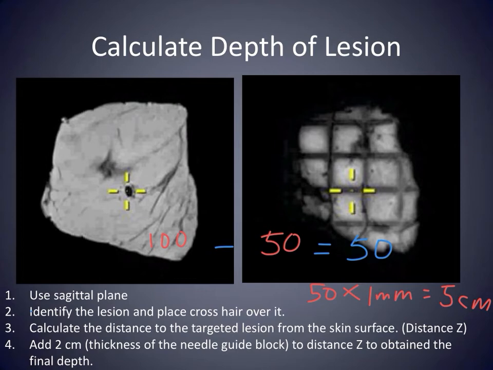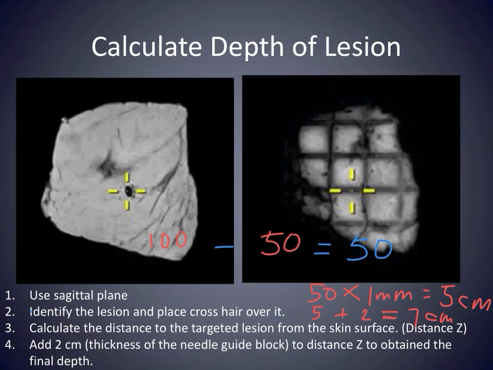Now, since we'll be utilizing the needle guide block, we will need to add 2 centimeters to the depth that we have just calculated to account for the thickness of the needle guide block to obtain the final depth when you are utilizing the needle guide block. Therefore, 5 centimeters plus 2 centimeters, the final depth in this example would be 7 centimeters.